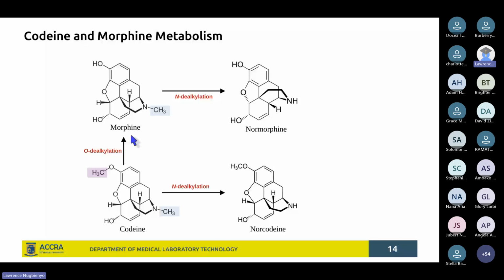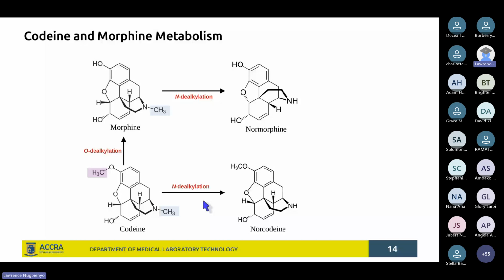Morphine can also get converted to normorphine. And what do you see? Still N-dealkylation, where there's removal of this alkyl group from morphine. So when you look there, there's no alkyl group there. And so you have normorphine. Now, this is one of the examples of metabolism of a drug that will produce a more toxic substance than itself, like codeine getting converted to norcodeine.